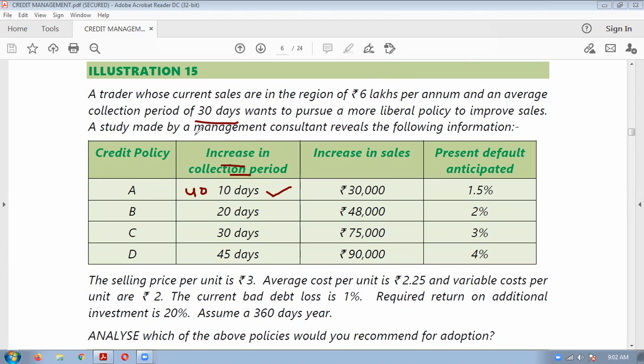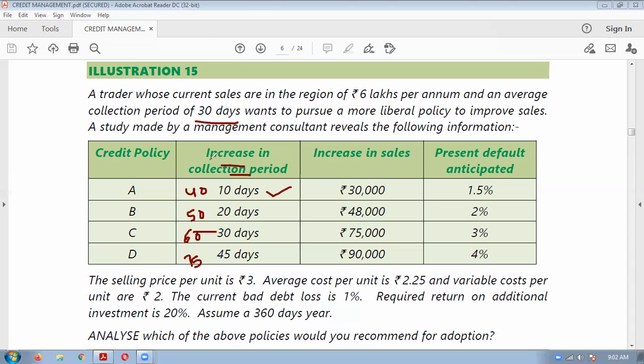Then increasing by 20 days, the new policy becomes 50. 30 plus 30, 60. And 30 plus 45, 75 days. So these will be the proposed policies.